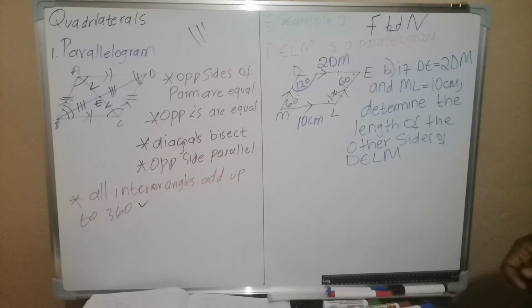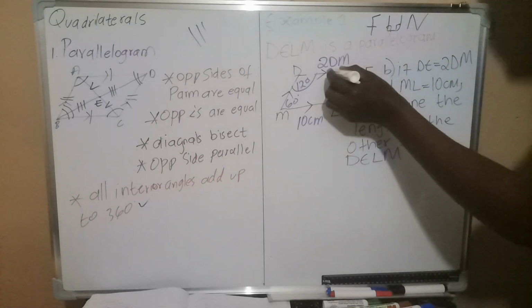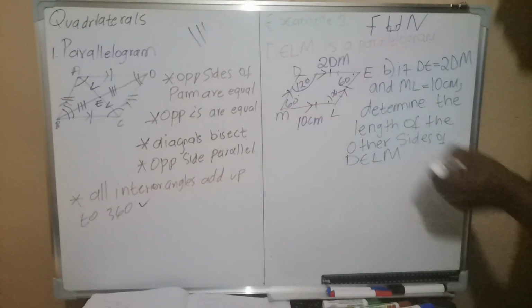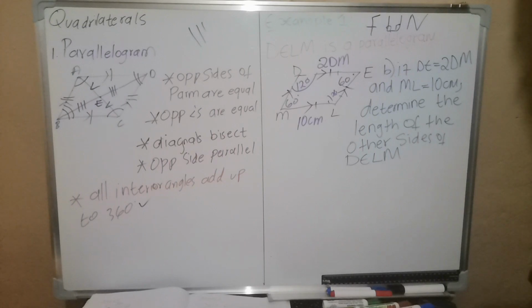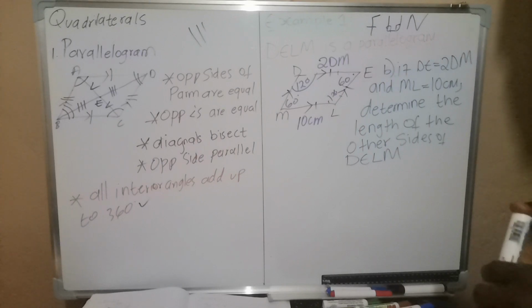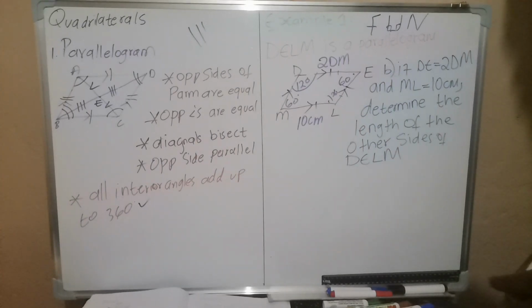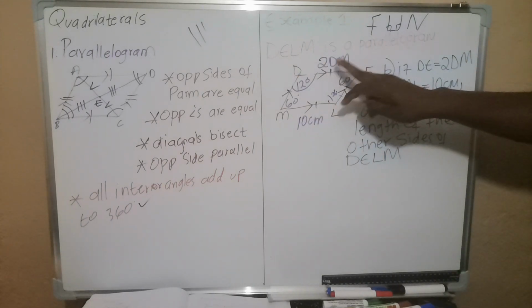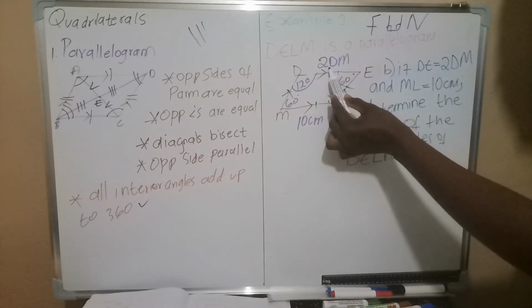And how are we going to find that? We know that the opposite sides of a parallelogram are equal. What does this mean, guys? Let me just find DE. DE is equal to 2 times DM, but you don't want this variable DM.